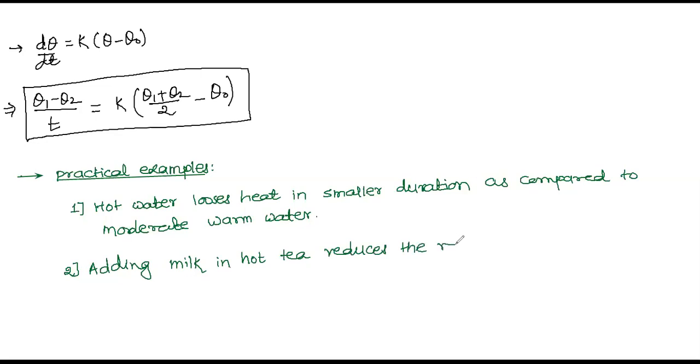You know this general example: at tea stalls there is one hot tea pot and one hot milk pot, and they mix milk in the hot tea so that it stays warm for a long time. This is also one practical example. So note this down, pause the video and let's go ahead.